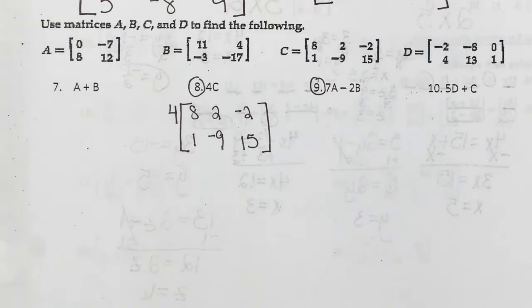Take just a second and multiply 4 times all 6 of those numbers. For your notes purposes, it might help to write that down, that way when you're doing your homework, you can see what you're doing.